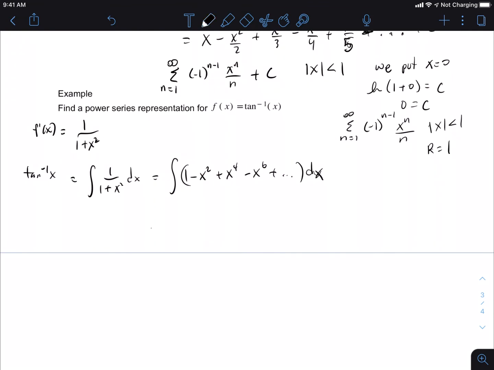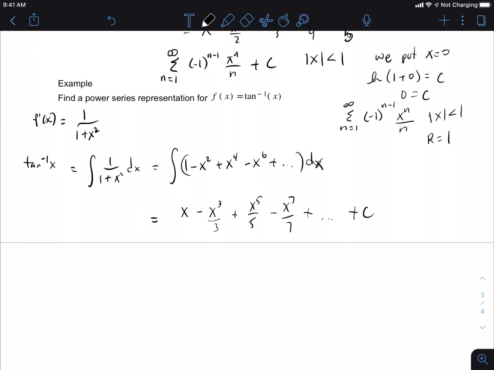So again, we individually integrate here. So we're going to get x minus x to the 3rd over 3 plus x to the 5th over 5 minus x to the 7th over 7 plus dot dot dot plus some constant c, right? Now, one of the things that's important in this case is we need to find that c value, and again, to find that c value, let's plug in something that's going to make life easy for us.